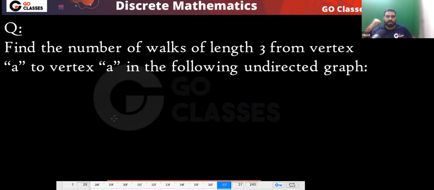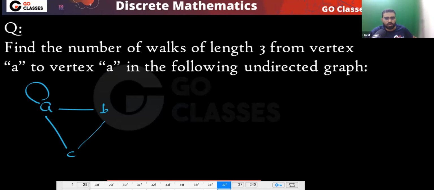So very simple. Now let's see another question. For example, A, B, C, and now this. Now tell me the answer. How many walks of length 3 from A to A?